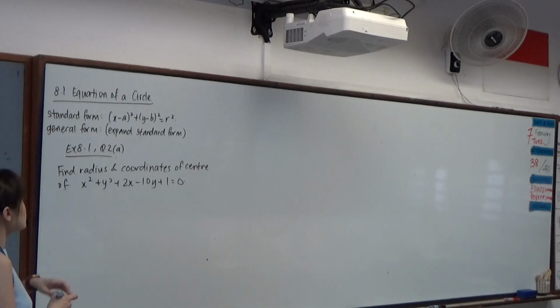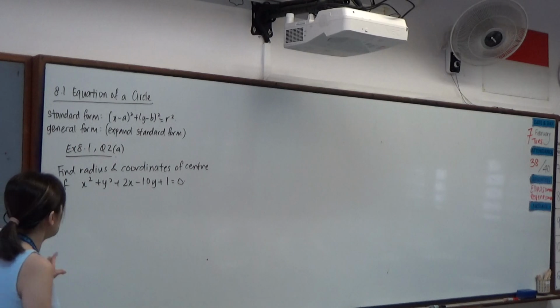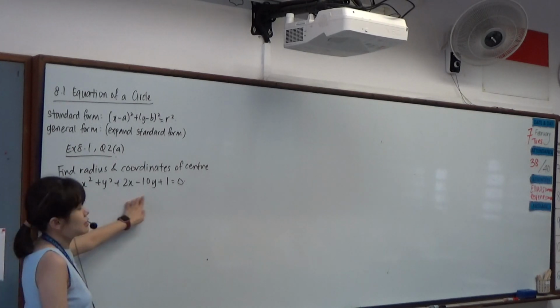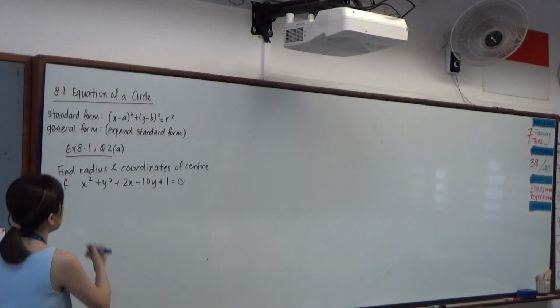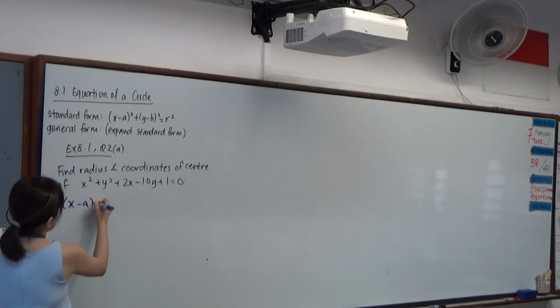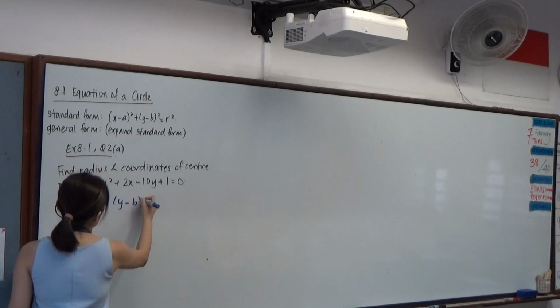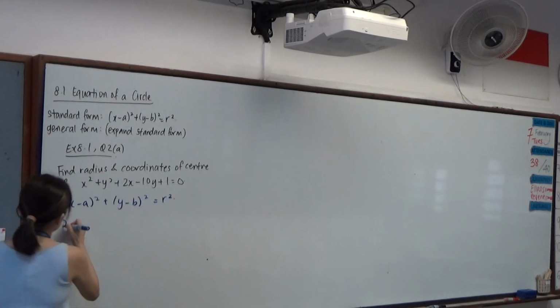Alright, so looking at question 2a, we want to find the radius and coordinates of the center. In this case we are given the general form. So what we have to do is to first expand the standard form so that we know what it is that we need to compare.